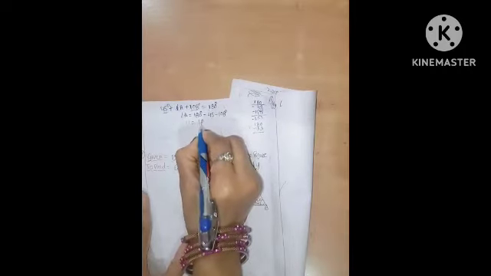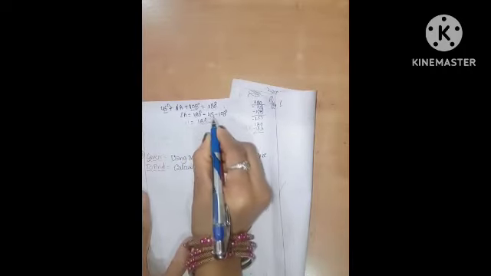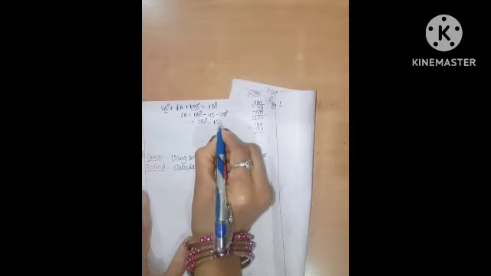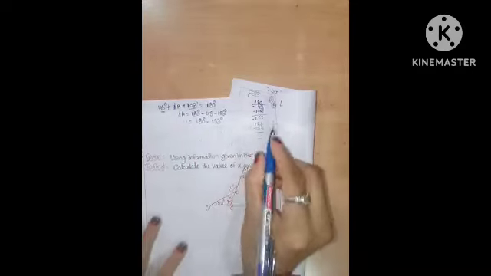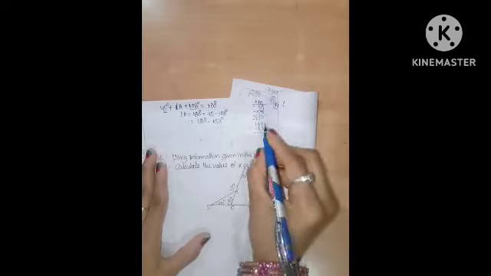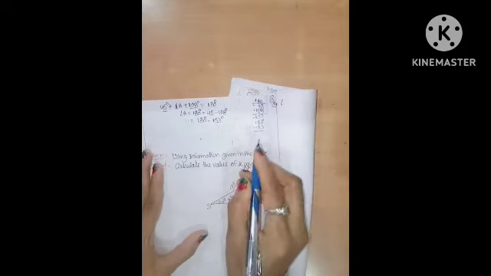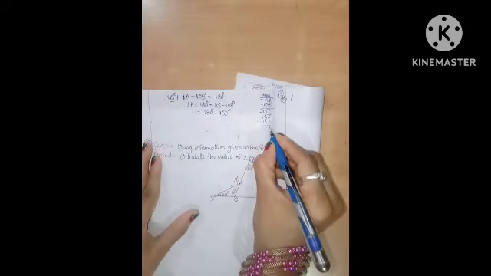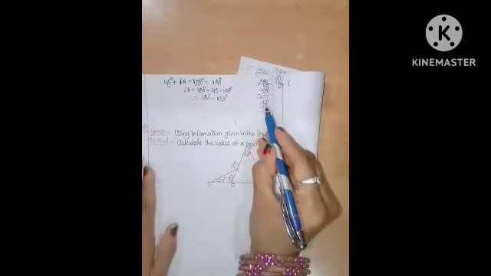This is the 180 degrees, and these two are the minus terms. Subtracting these two terms, how much of an angle do we get? That angle is angle A. Borrowing, it's 10. So 10 minus 3 is 7.